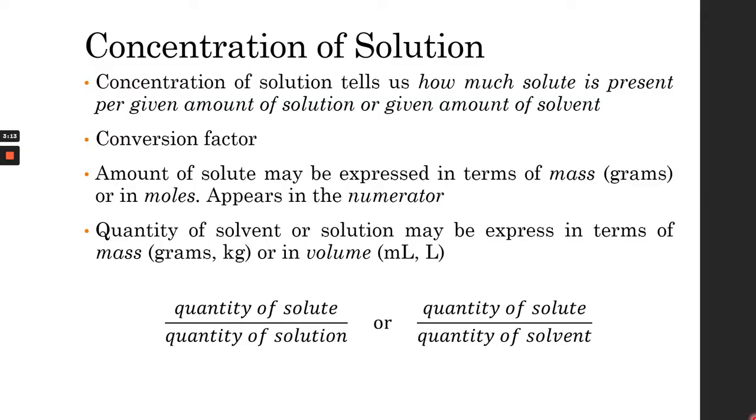As you can see here, we usually express concentrations of solutions as quantity of solute over quantity of solution or quantity of solute over quantity of solvent. Always remember that in concentration of solution, the numerator is always the solute and the denominator can either be the solution or the solvent.